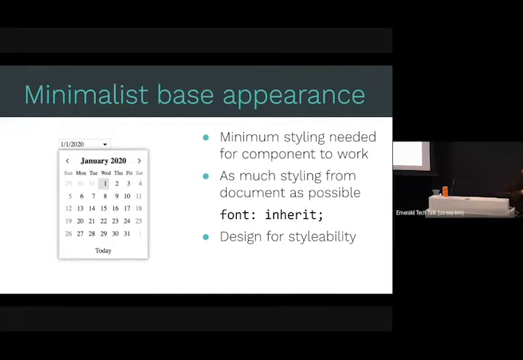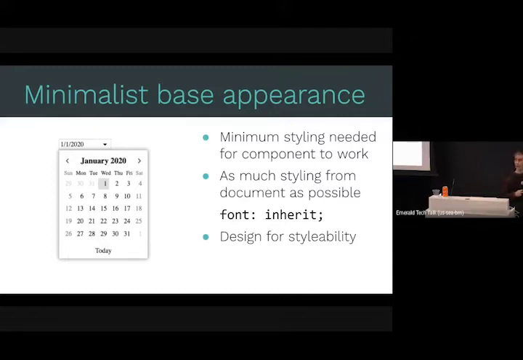So let's dive in. A super basic starting point for building something customizable is you want to have that thing be as minimalist as possible. So for this, let's start with things like styling. We want to distinguish between style that's necessary for the component to just do its job versus everything else.